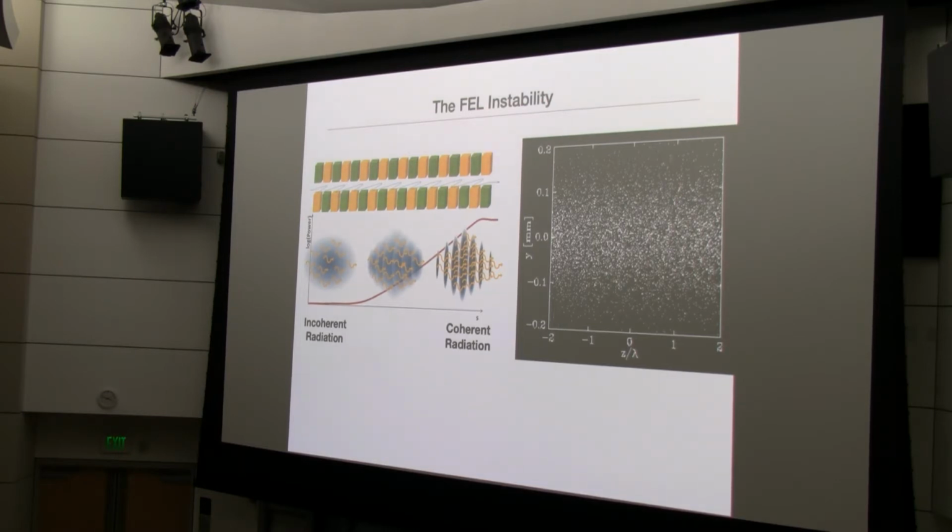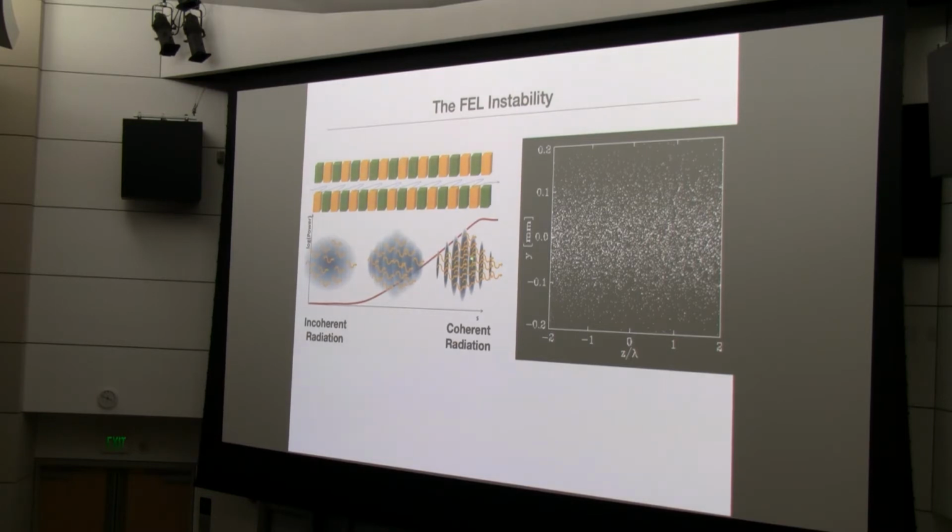What's special about the free electron laser is that you can actually get a huge increase in peak power thanks to microbunching. What happens is you have a collective instability. Your beam starts as essentially a random distribution of electrons. And the interaction between the electrons and the X-rays causes the electrons to microbunch.